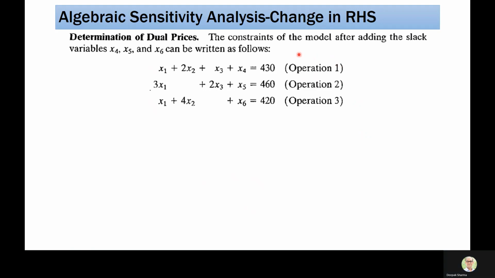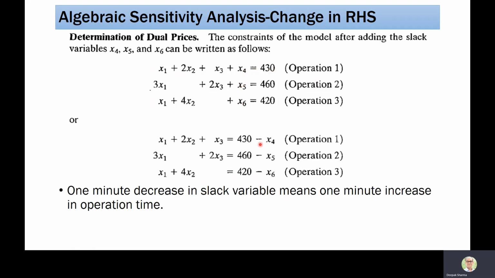Here we know that we wrote our constraints in equation form, and we included these slack variables x4, x5, and x6 in our constraints. What we are going to do is take these slack variables to the right hand side. So if we take them on the right hand side, you can see minus x4, minus x5, and minus x6.